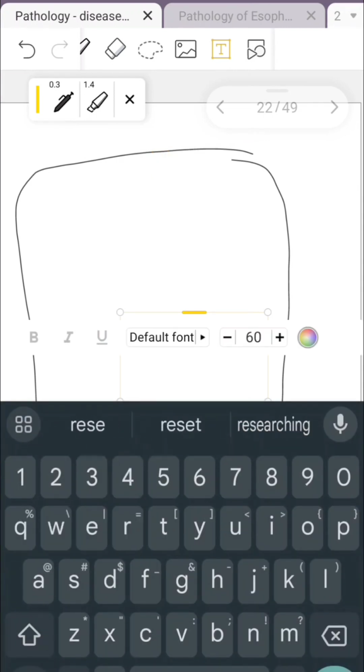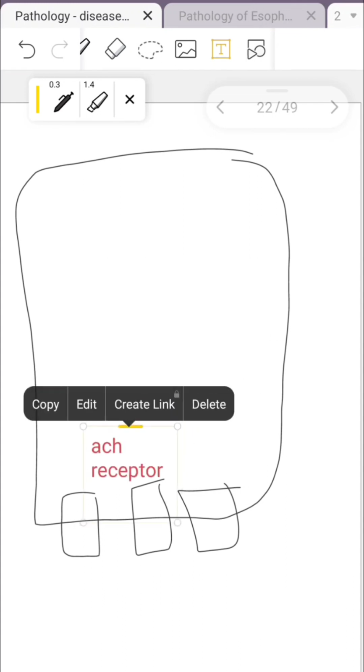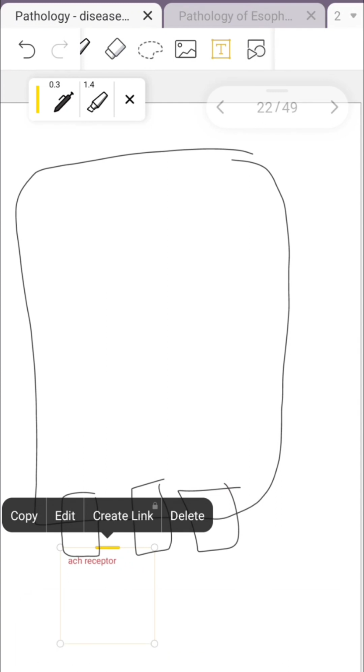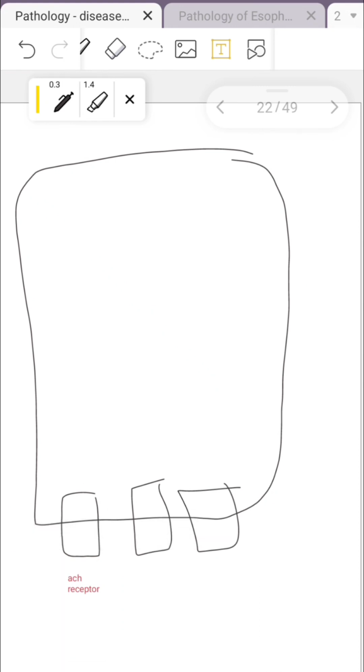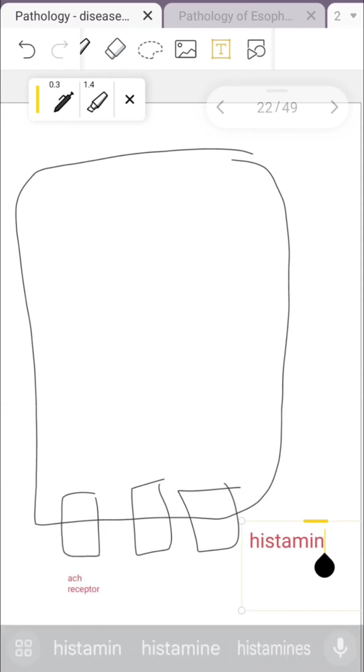One of these receptors is the acetylcholine receptor. Another is the receptor that responds to gastrin stimulation from the G cell endocrine cells, and also histamine. The acetylcholine receptors are stimulated by vagal nerve stimulation.